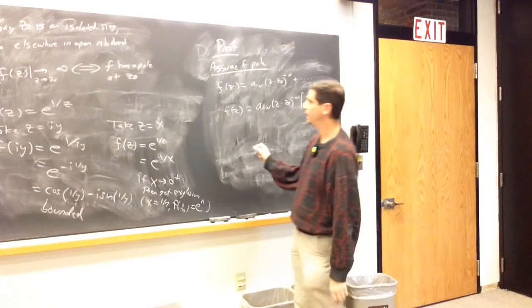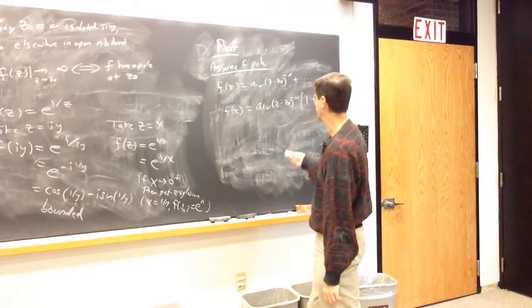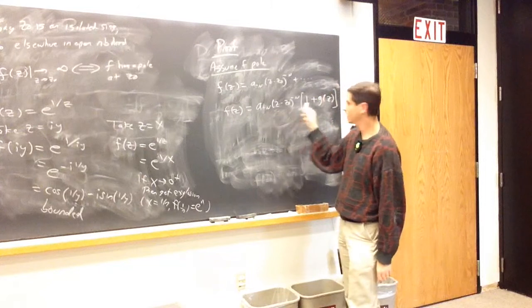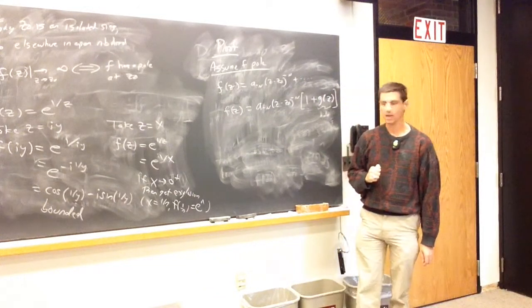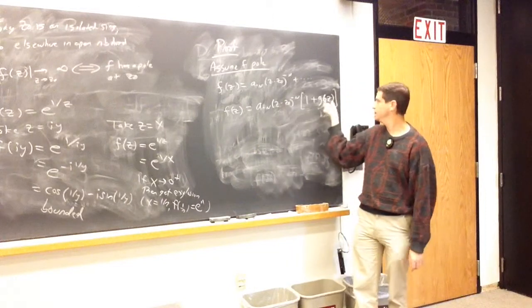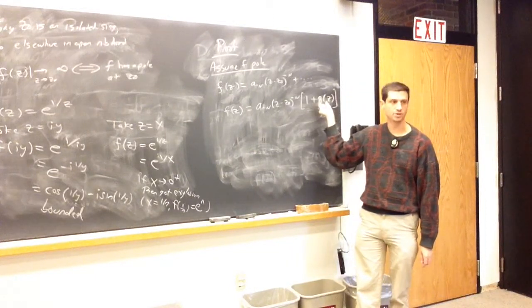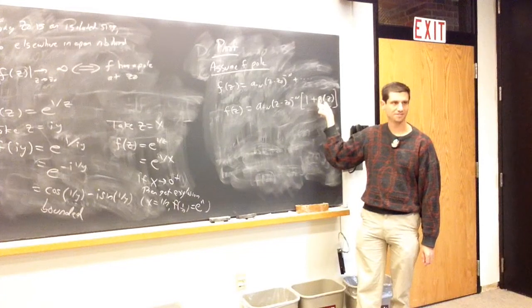So now if we look at what's going on, this over here is holomorphic. So as z gets really close to z naught, this has to be tending to what? It's more than just holomorphic.